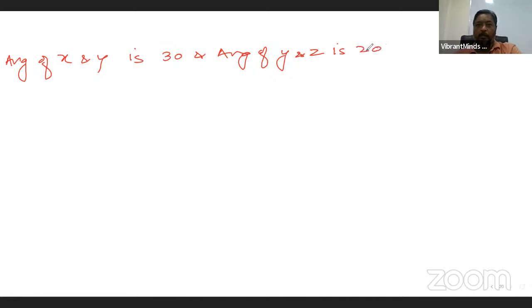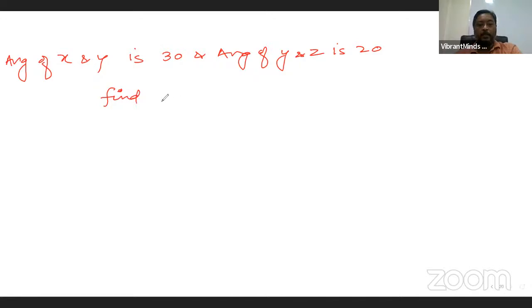Average of X and Y is 30, and average of Y and Z is 20.